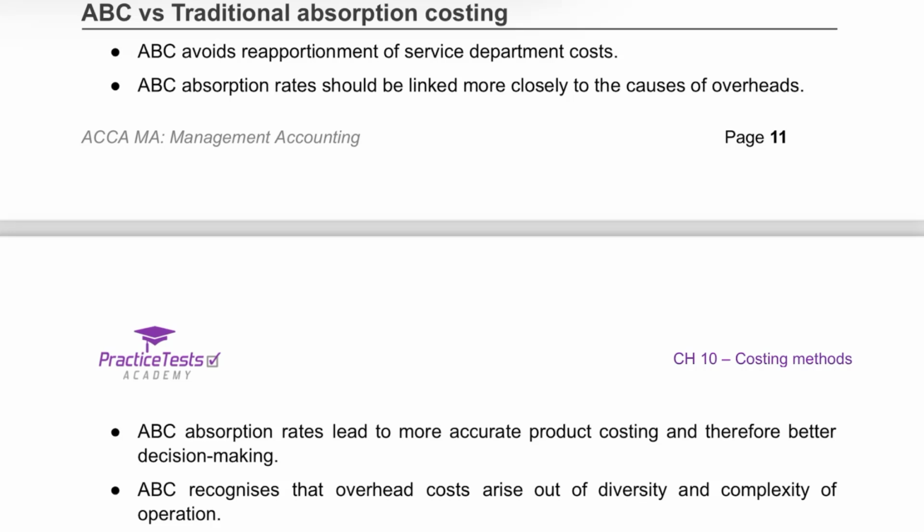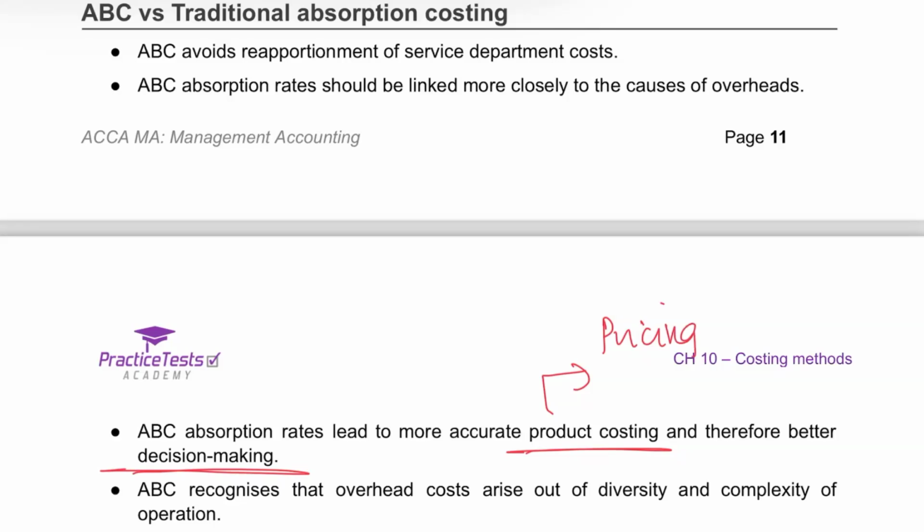It links the absorption rate along with what drives cost. So it's more closely related to a more accurate costing of products and therefore better decision making, better pricing of products.